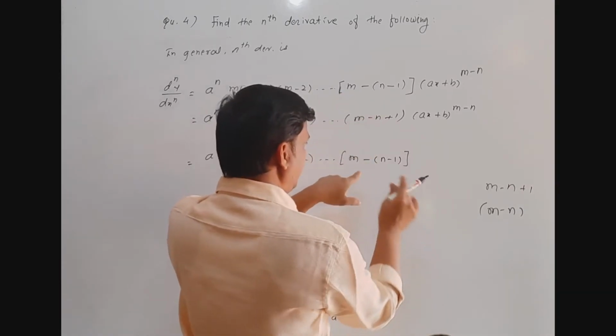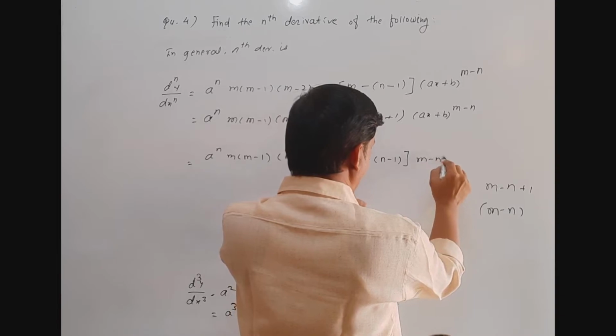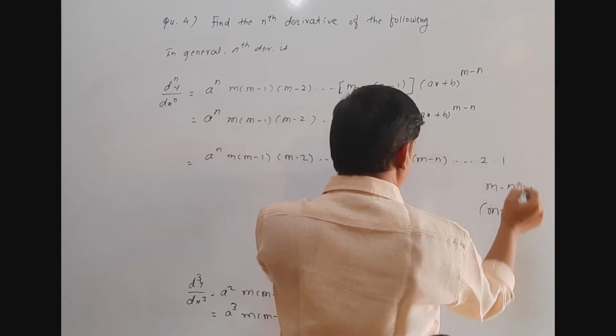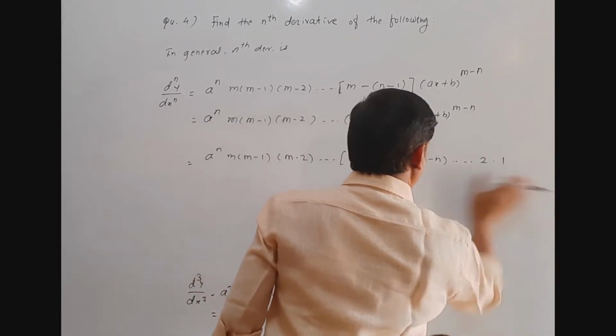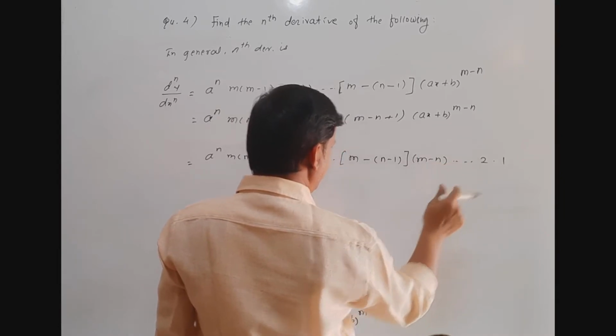The next value will be, if we again subtract 1, m minus n and so on, until we get 2 into 1. So here we have to multiply and divide by this term m minus n and so on.